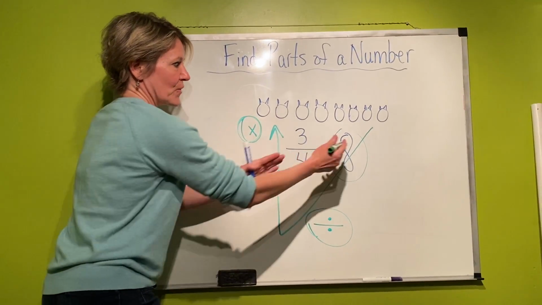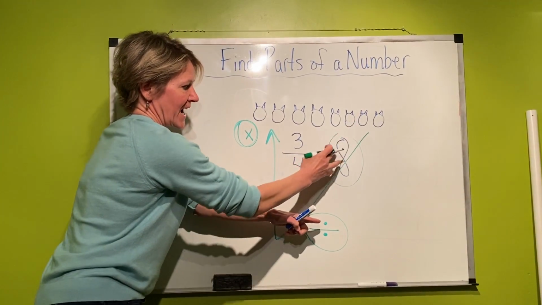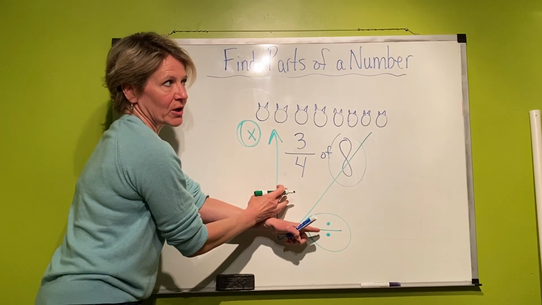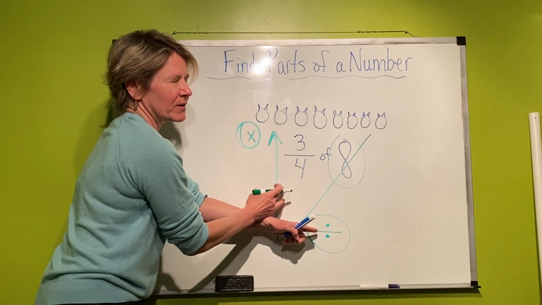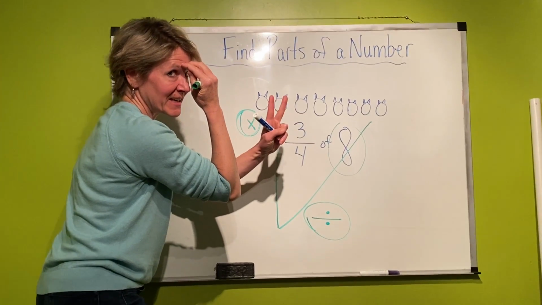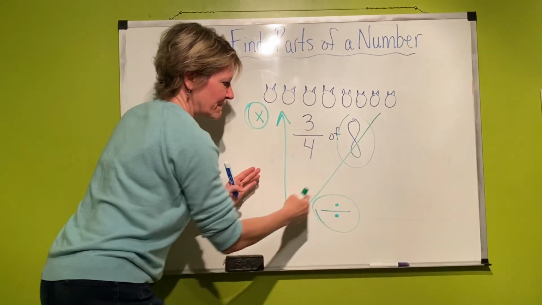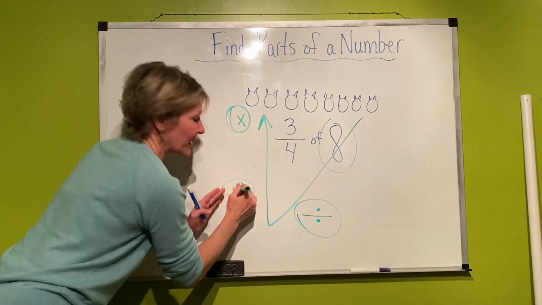Okay, so 8 divided by 4. 4 times what is 8 again? 8 divided by 4 is 2. So right now, in my head, I'm thinking of a 2.